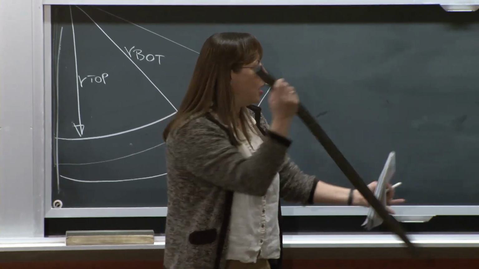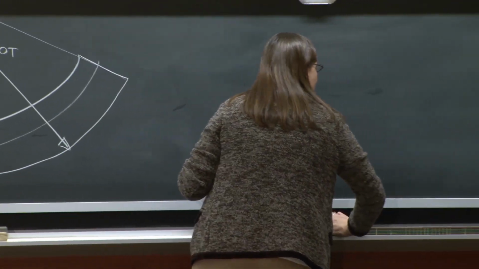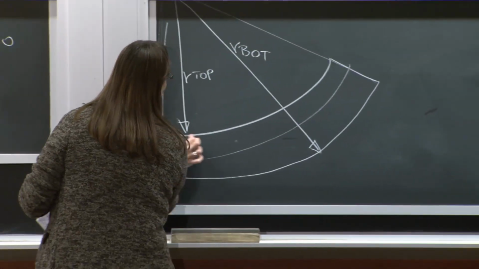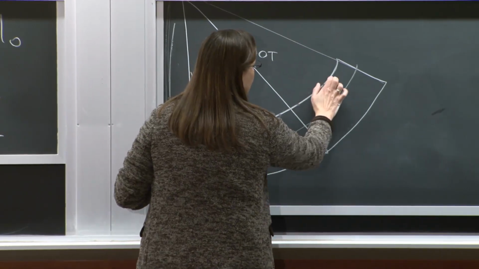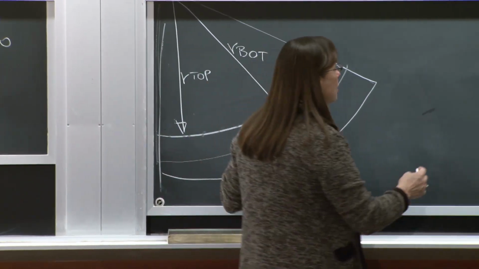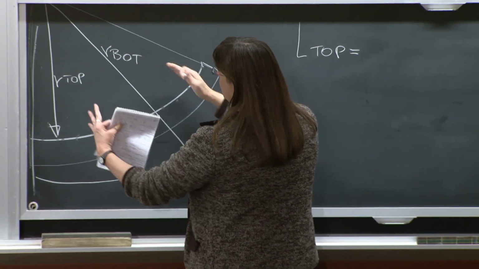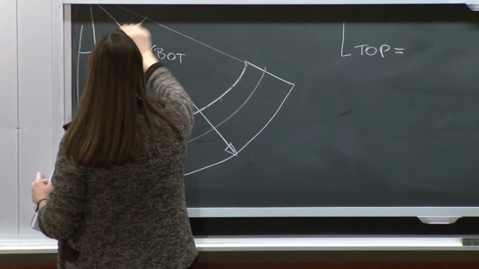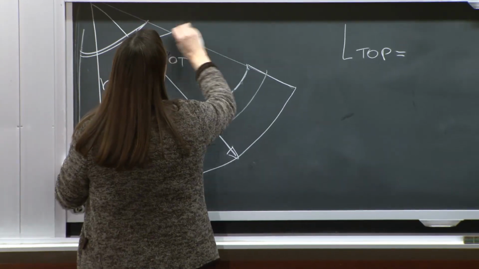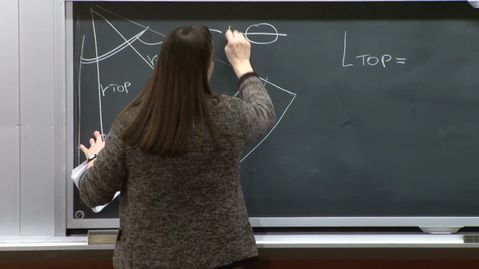So if I go with my little tape measure, and I measure how long is the top of the beam now that it is deformed. So the length at the top is equal to, this one is still our good friend, the angle theta, right?